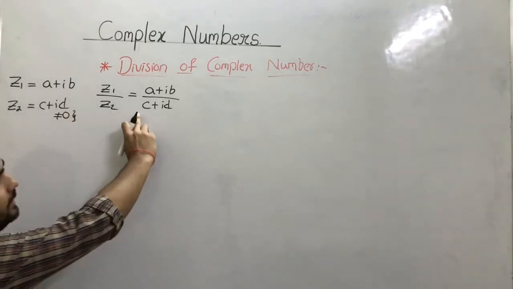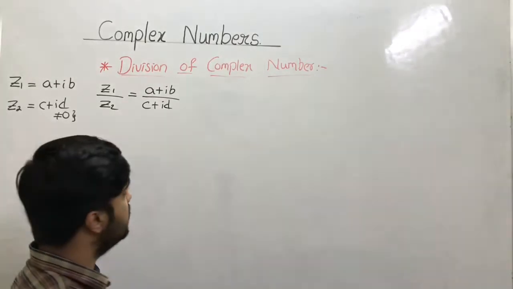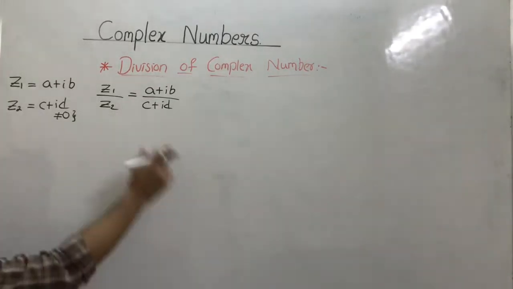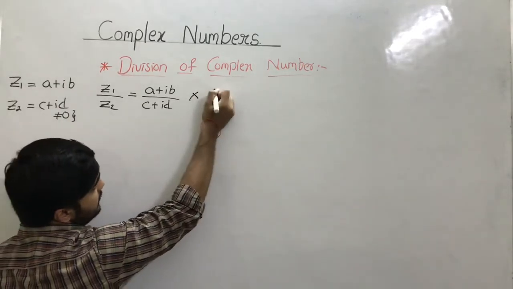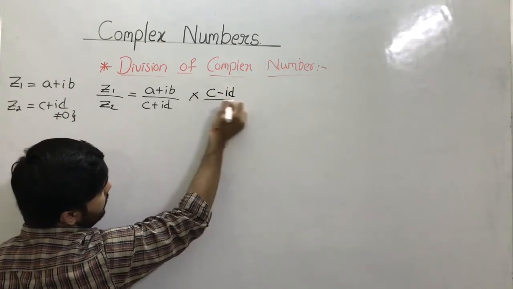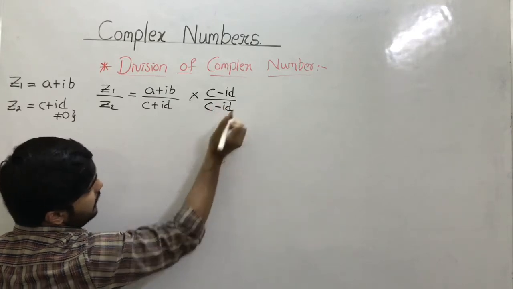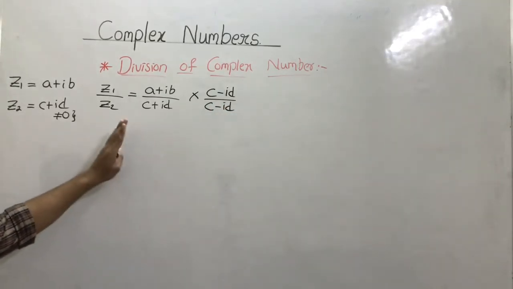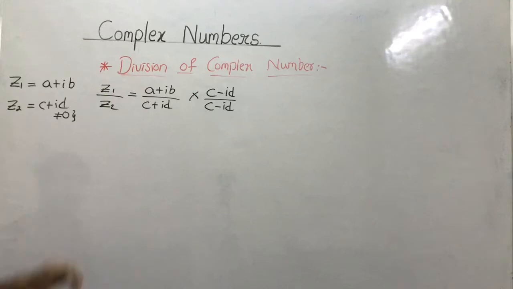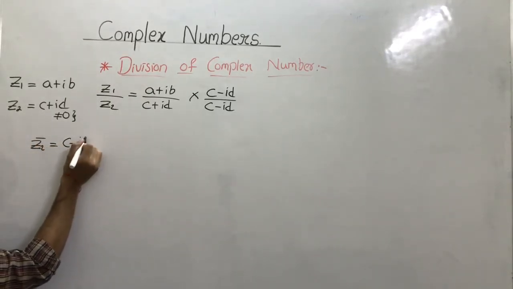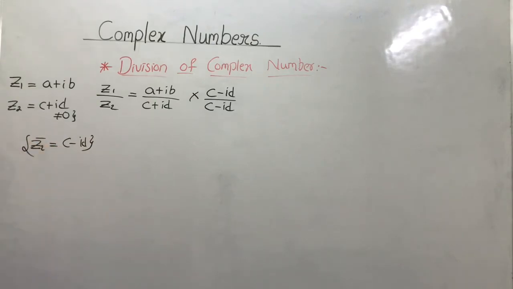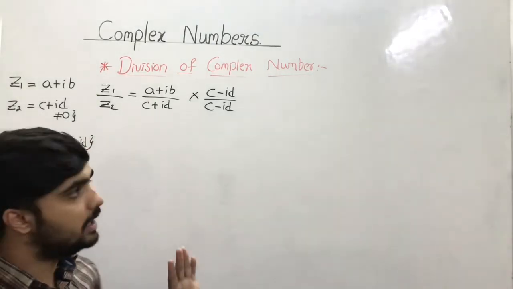Now we have to separate the real part and imaginary part. So we'll apply conjugate multiplication, that is we multiply by (c minus id) upon (c minus id). We are multiplying with the conjugate of z2, that is z2 bar, which is c minus id, in both numerator and denominator.